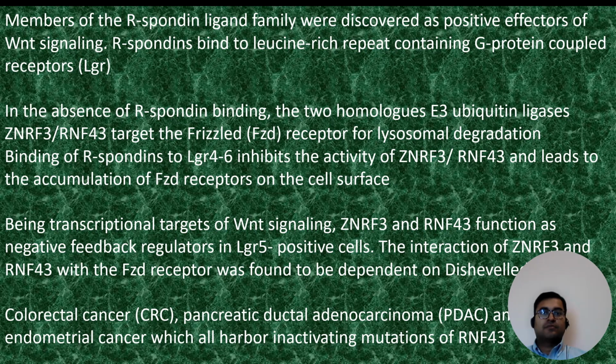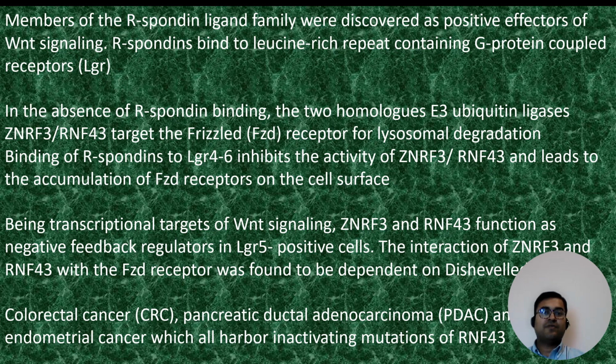So let us try to summarize whatever we have discussed in the second part. Members of the R-spondin ligand family are known to positively affect the Wnt signaling pathway. R-spondin ligand binds to G protein coupled receptor LGR.